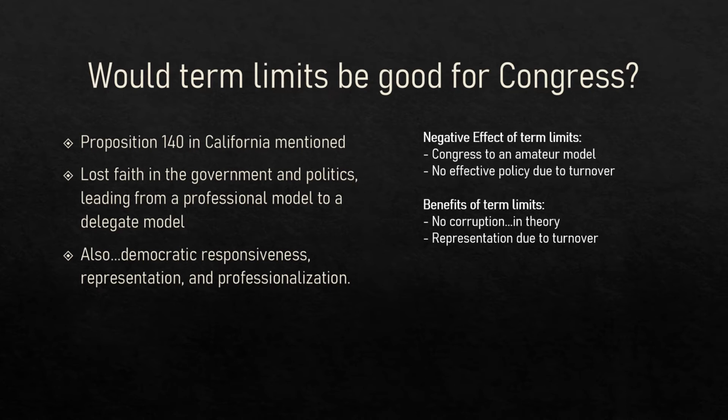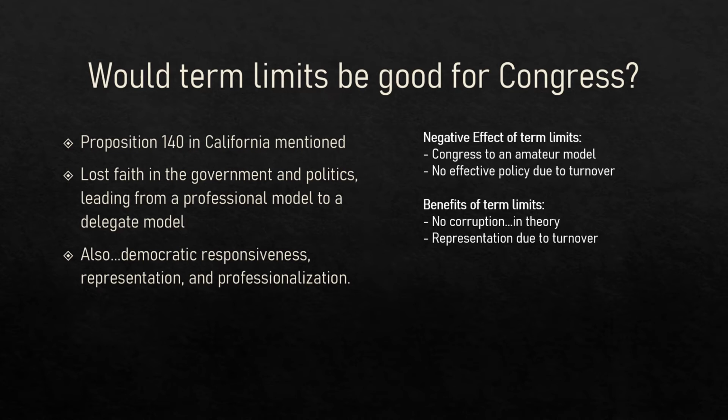Benefits of term limits: no corruption, technically. People can still, as I said, rich people with a lot of time on their hands just go into Congress because they can afford to do it. Sometimes there can be corruption, but that's a supposed, in theory, on paper benefit of term limits.